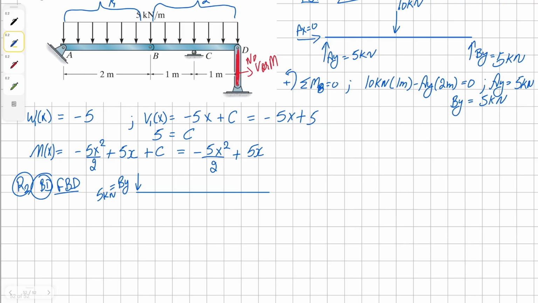And then we have our distributed load, which is 10 kilonewton. Then we have our CY, which is unknown. And then our DY is also unknown.